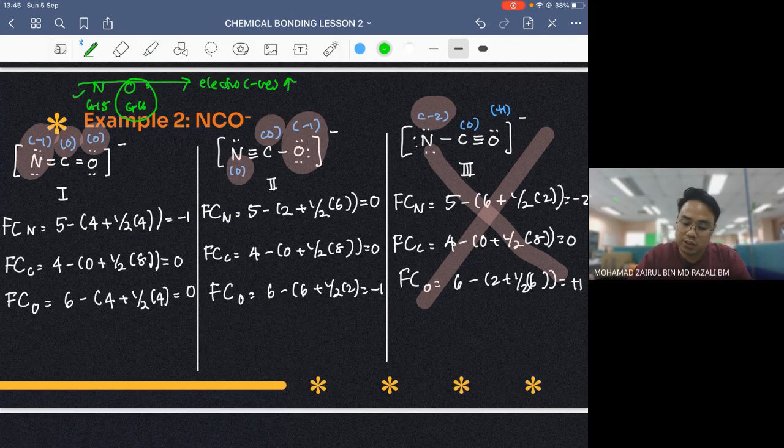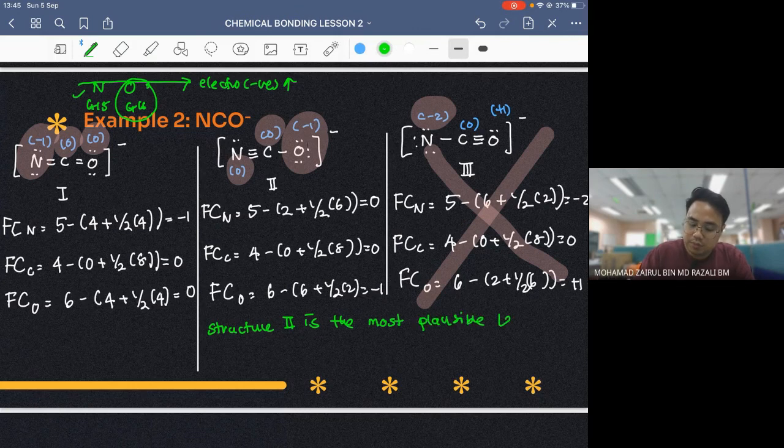So let us make a conclusion. Structure 2 is the most plausible Lewis structure.